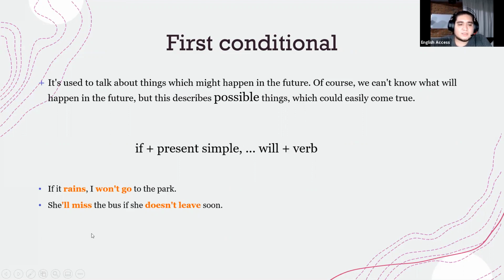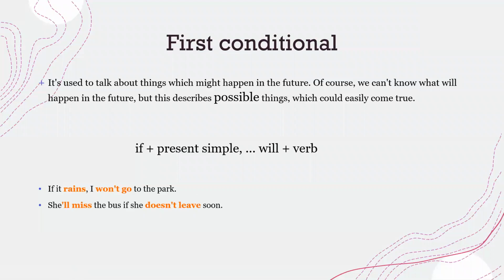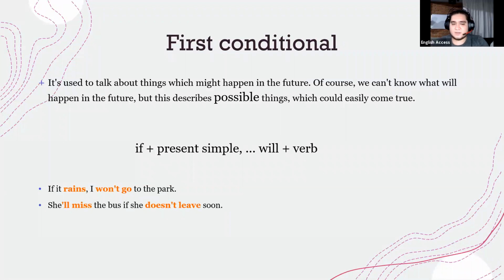We have two examples here. Who can help me with the first example? If it rains, I won't go to the park. And she'll miss the bus if she doesn't leave soon. Yes, very good.